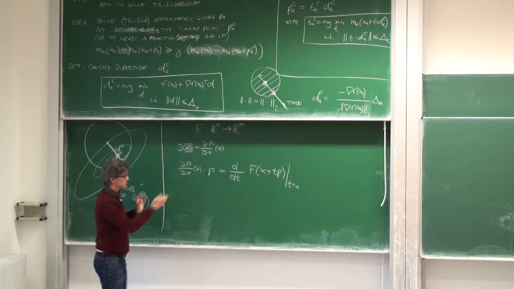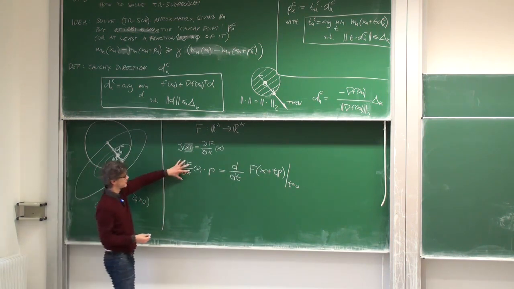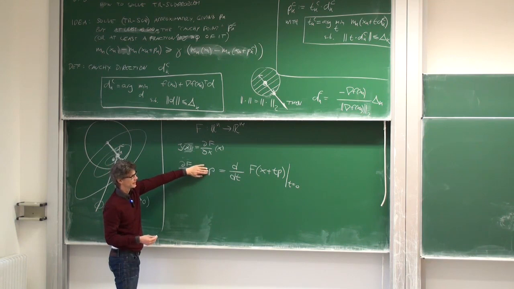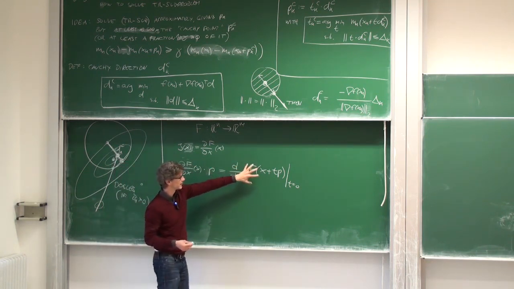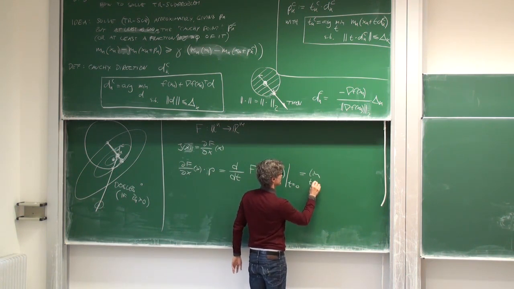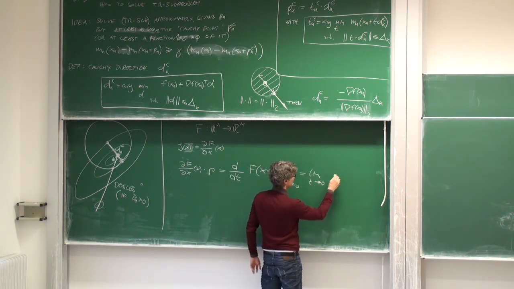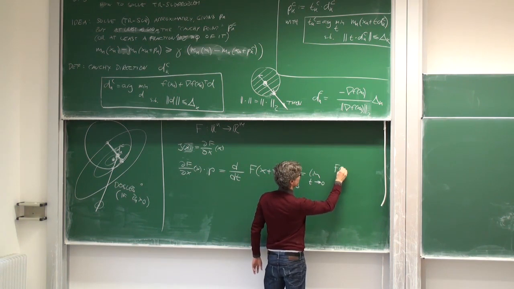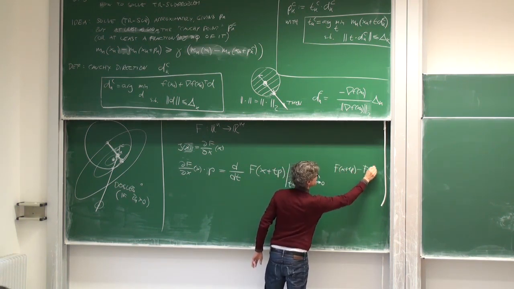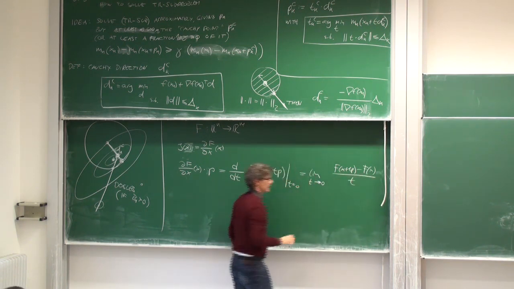Do you agree? That is just the chain rule, so to say. So you get some information about this derivative matrix in the direction p if you differentiate that. And this is, of course, the limit of t going to 0 of f(x + tp) minus f(x), divided by t.